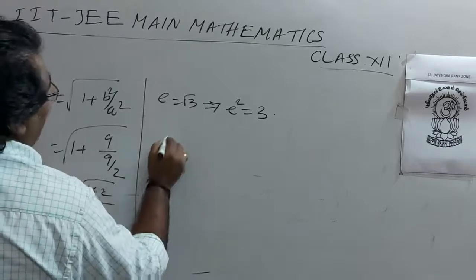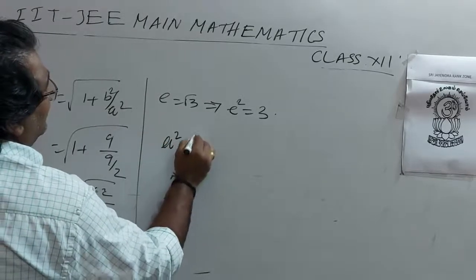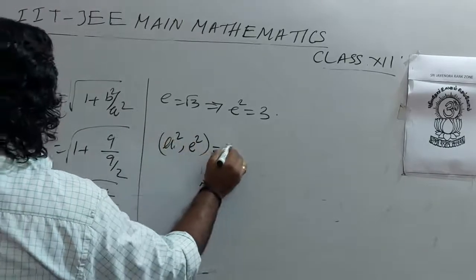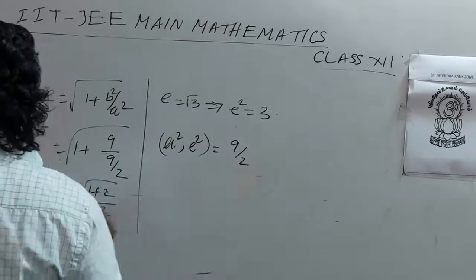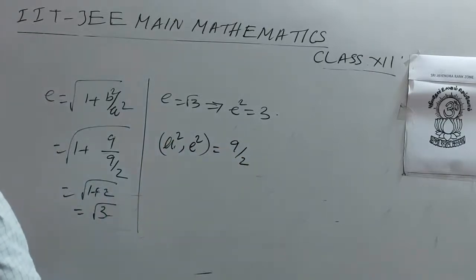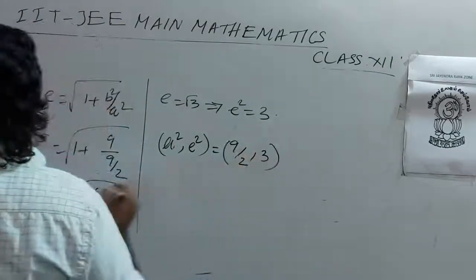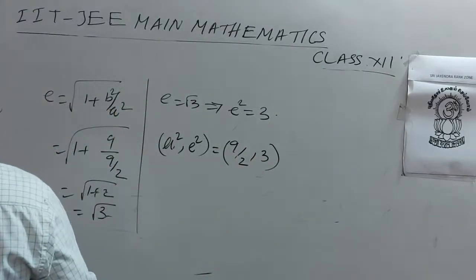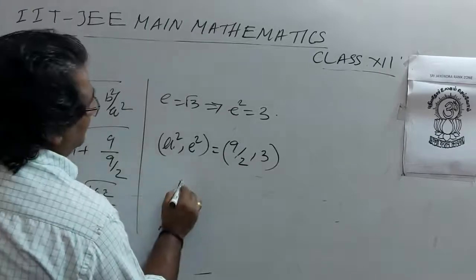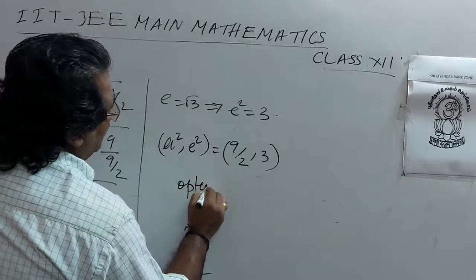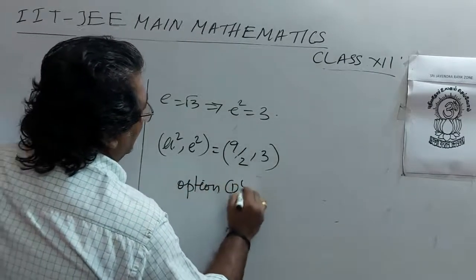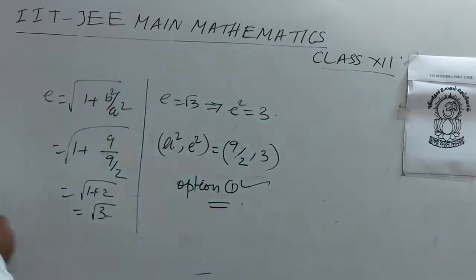We have to find the pair a squared comma e squared. So a squared is 9 by 2, e squared is 3. So option 1 is correct.